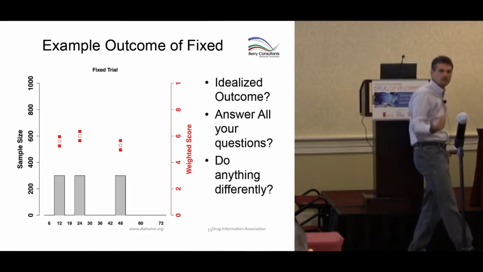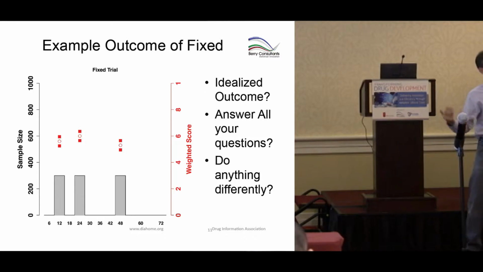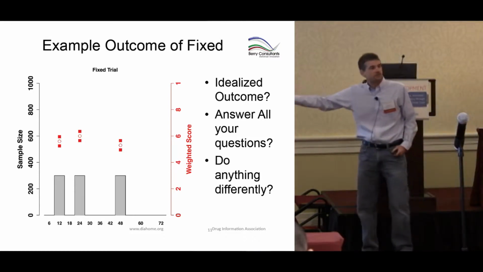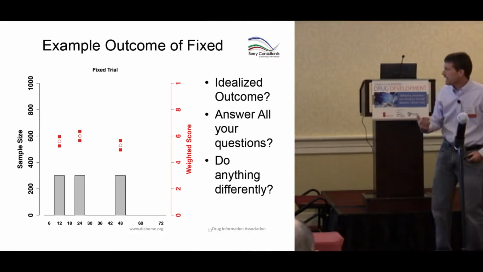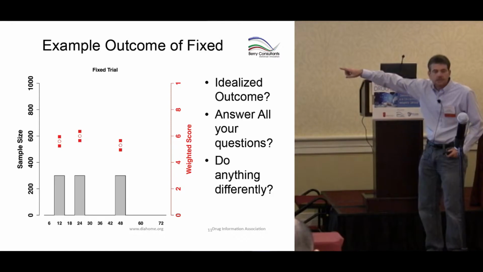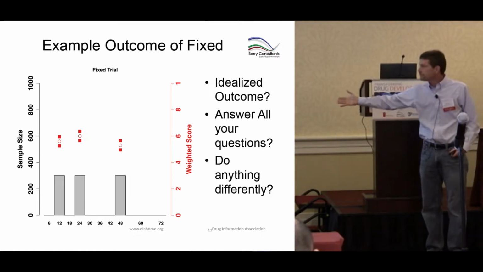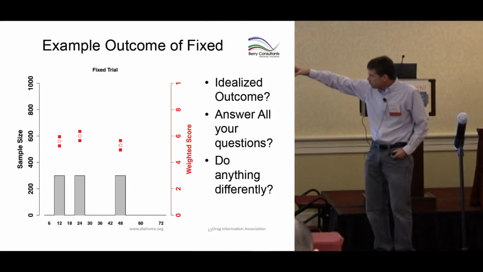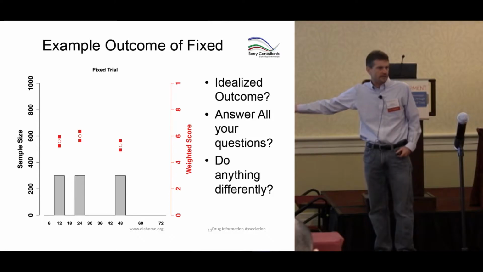So then we say, is this a good trial result? Does it answer all your questions? Do you wish you'd have done something different if this is the trial result? Well, this was looked at, and a lot of people say, well, does the curve go up and continue up into 36, 42 hours and then come down? Does it go up after 12 hours and maybe 18 hours is optimal and then it's down after that?